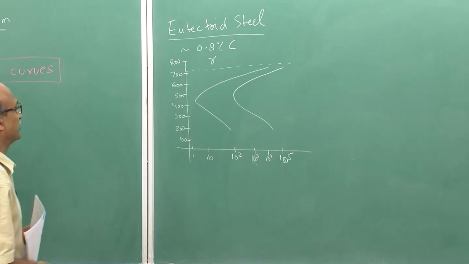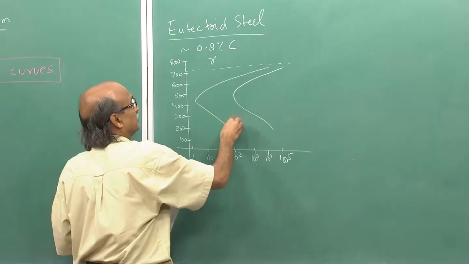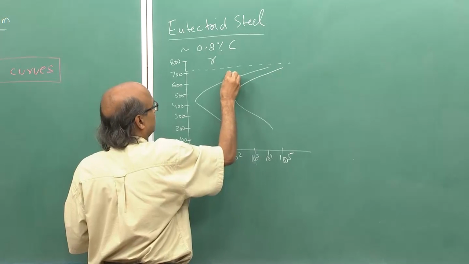Okay, this is a very rough sketch I have drawn. So, this represents the start line of the transformation, this represents the end line.